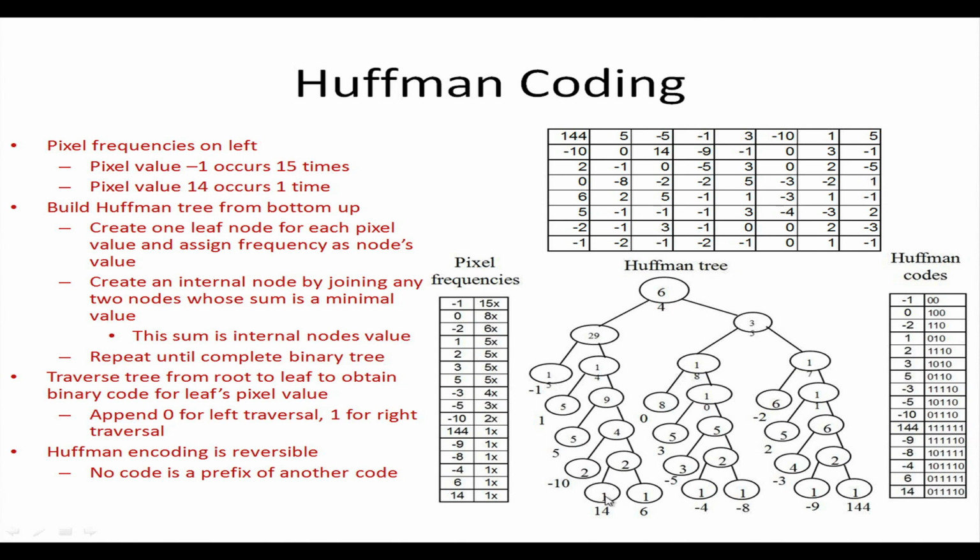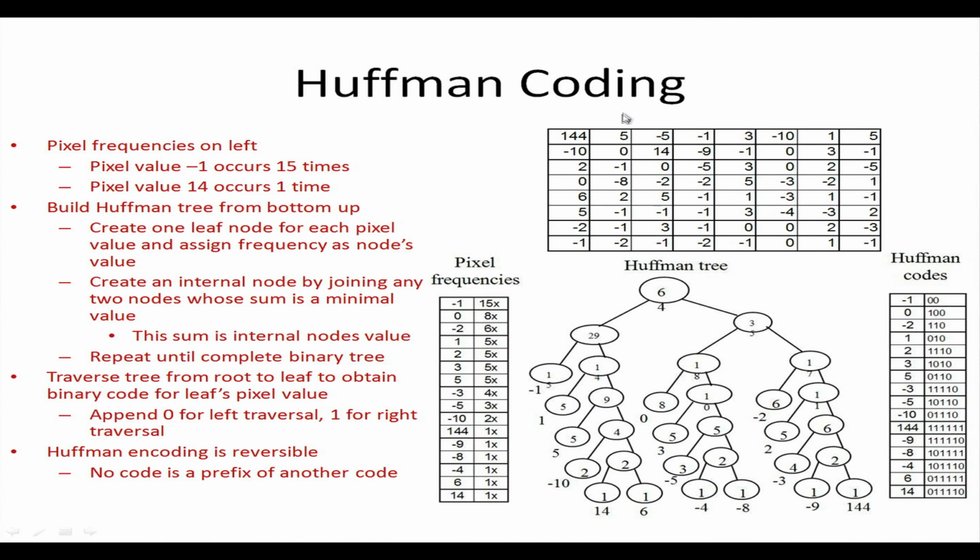For example, 14 has got the frequency 1. Let us look at one, say -10 has frequency 2, because it occurred twice here, and there must have been another -10 here. All right. We can see that 5 has occurred 5 times.